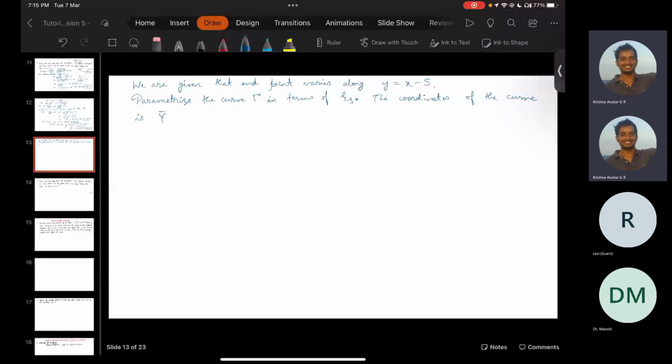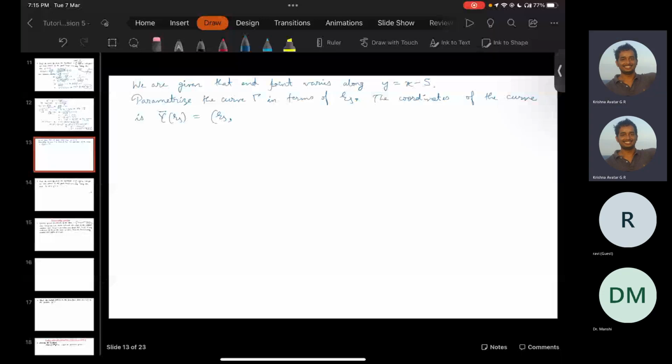Let's take x to be the independent variable and call it xi, the parameter corresponding to x. So y can be expressed as xi minus 5.